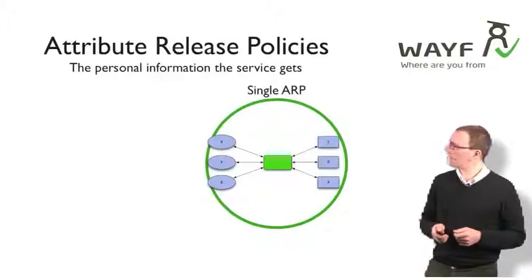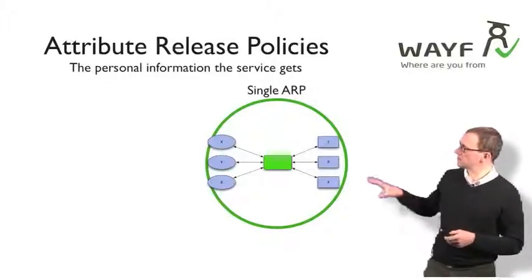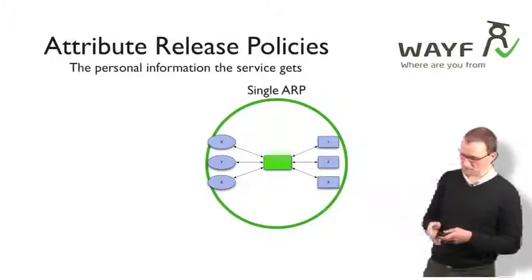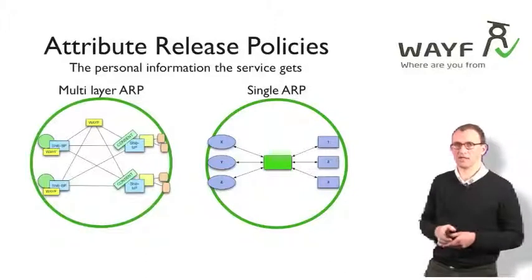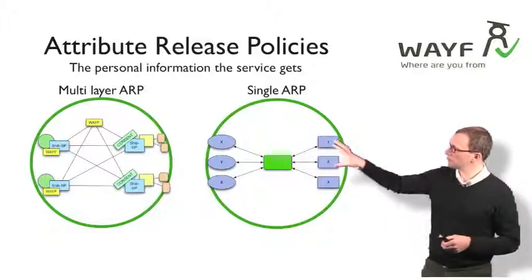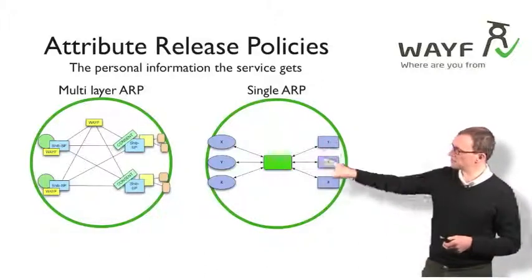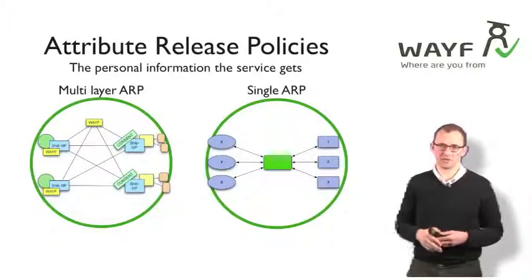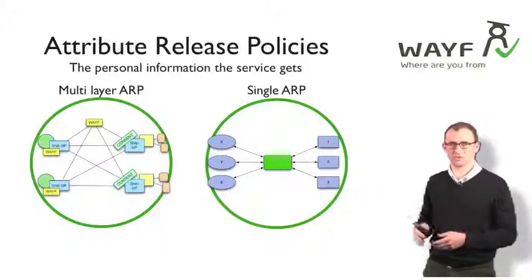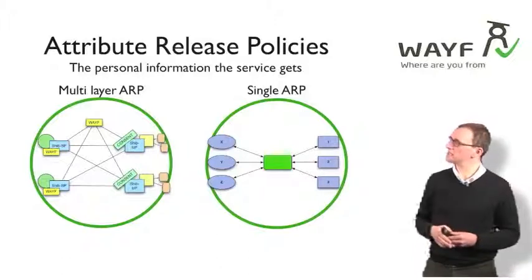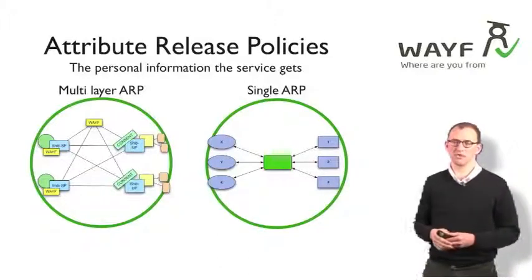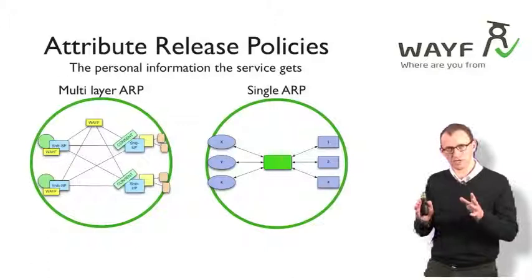Attribute release profiles in the setup of WAYF are defined centrally at the federated hub. In a fully meshed identity federation, it may be suggested by the federation operator what to send to what service providers, but actually it's up to each identity provider to define what kind of release policy they want to have.